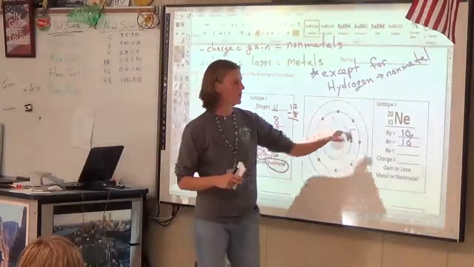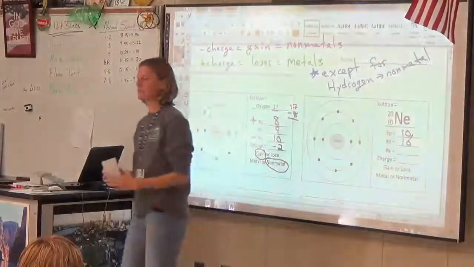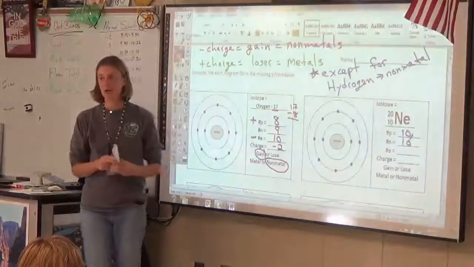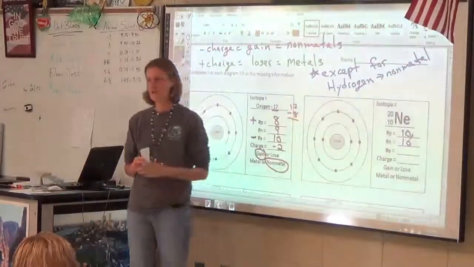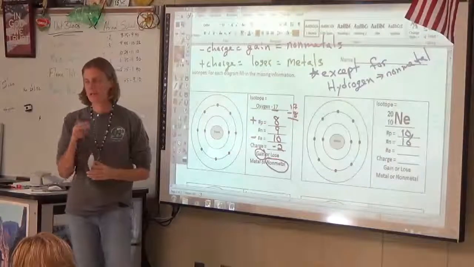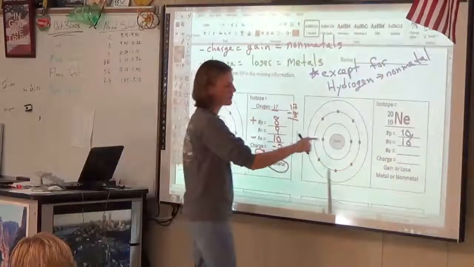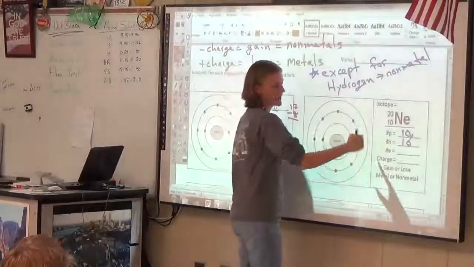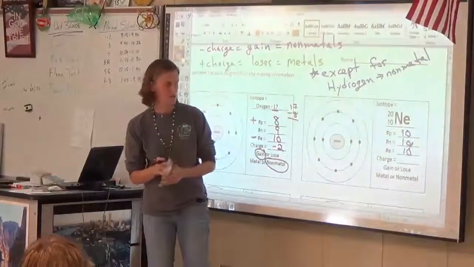Unlike bell work, where we just said it was the same, I want you to use the picture. According to the picture, how many electrons do I have for this isotope of neon? 10. Again, I said that would be a common answer because that's 2 and then 8.